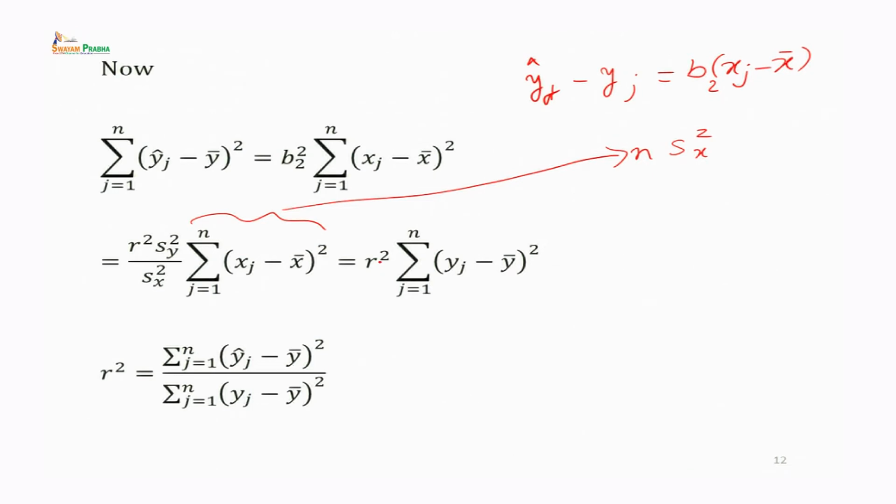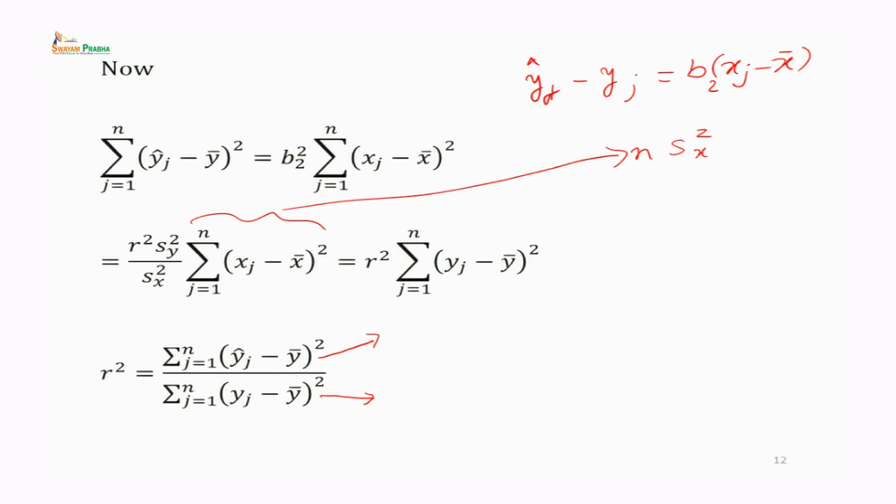Now, if you take the ratio of these two, then the ratio is equal to r square. Now, this is another explanation of the correlation coefficient r square. R square is actually the amount of variation explained by the regression divided by the total variation present. This is the total variation present in the yj's.